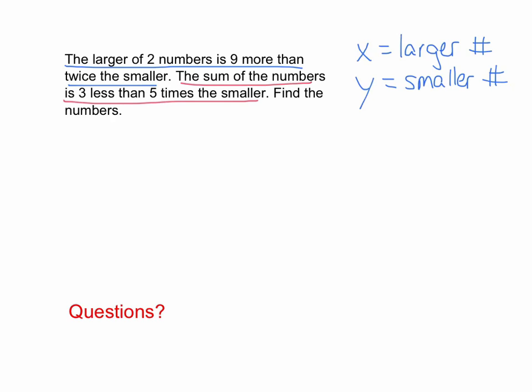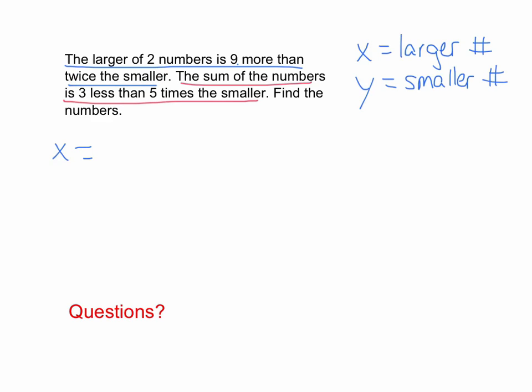The first one says the larger of two numbers. Well, which one is the larger? X. So guess what I'm going to write? X. The larger of two numbers is, how do I translate is? Equals, right? Now, 9 more than twice the smaller. How do I do twice the smaller?